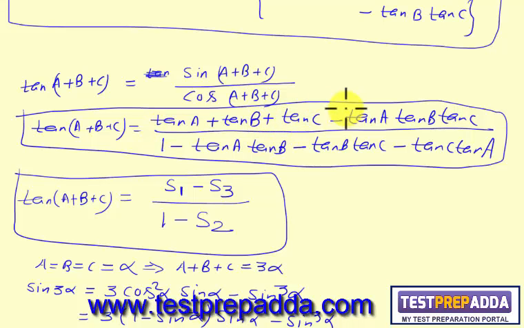Then tan alpha into tan alpha into tan alpha is tan cube alpha, upon 1 minus tan alpha into tan alpha, which is tan square alpha, then tan square alpha, tan square alpha. All equals 3 tan square alpha.